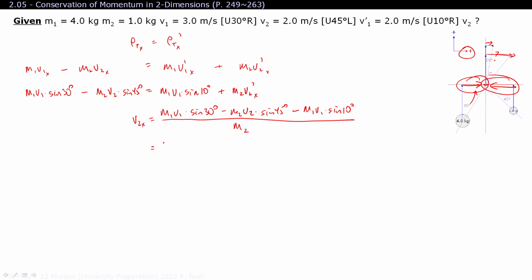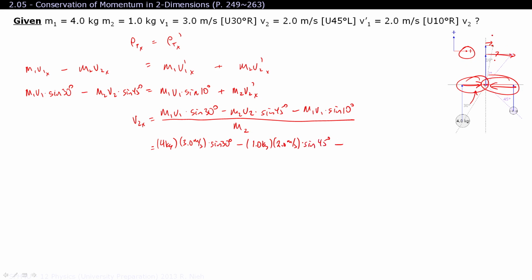We then sub all the values in, so m1 is the first mass. It's traveling at 3 meters per second times the sine of 30 degrees because we want the horizontal component. The second object is not moving to the right, it's moving to the left, and that's why there's a minus sign. So it's 2.0 meters per second. Whoops, what's the mass? 1 kilogram. 1 kilogram times 2.0 meters per second times the sine of 45 degrees.